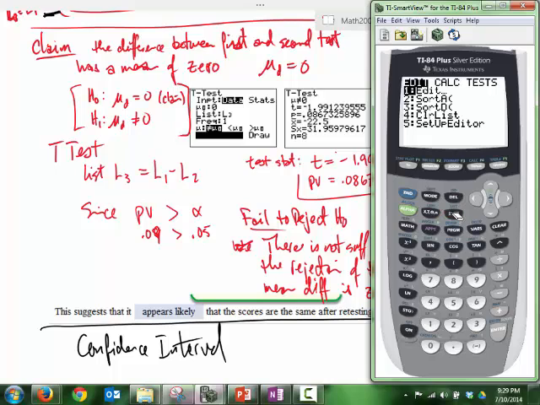So if we go to stat and test, I think that would be number 8, right past the z interval, is the t interval. So we just run through that, and we have the data in L3 at a 95% confidence. We'll stick with the 95% confidence. We'll do the calculation.